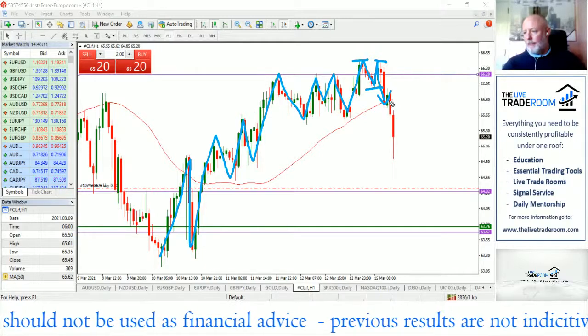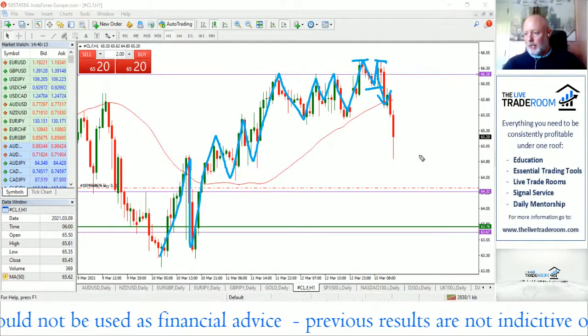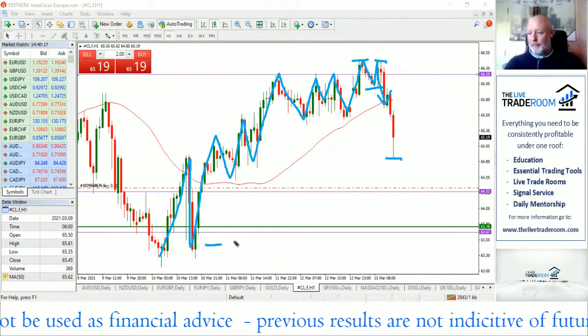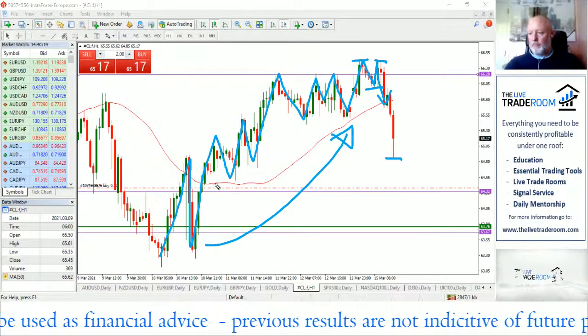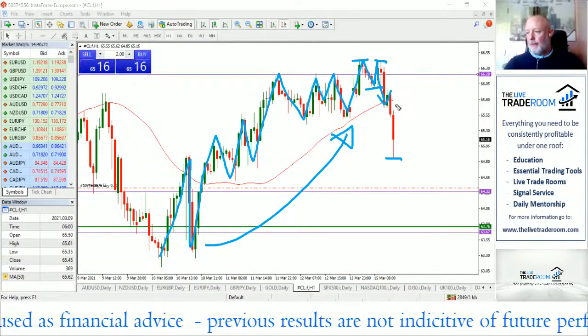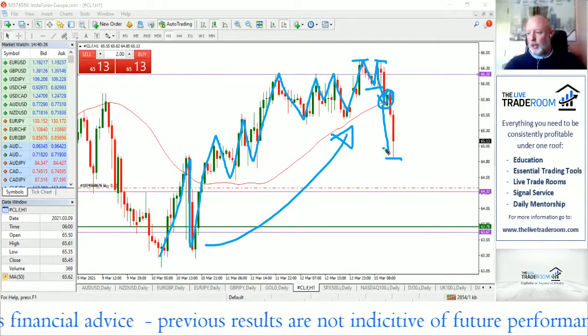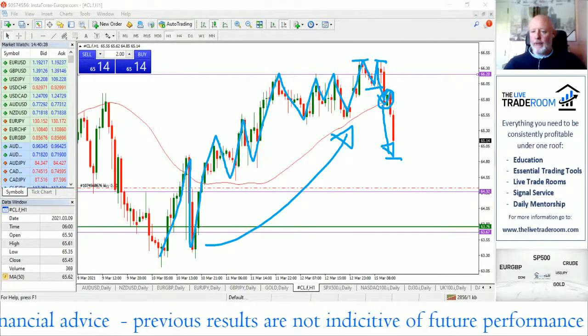So we're seeing this market rocket to the downside. We're seeing a lot of these buyers that had been in this market over the last 5 days look to get out around this price, and prices are dropping quite significantly.